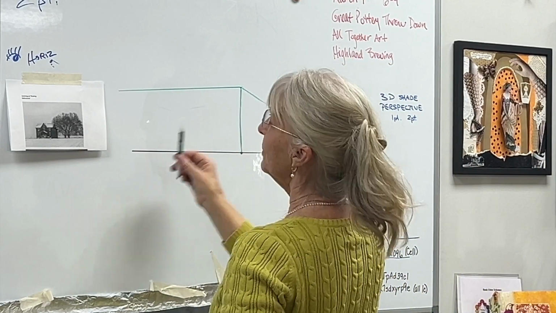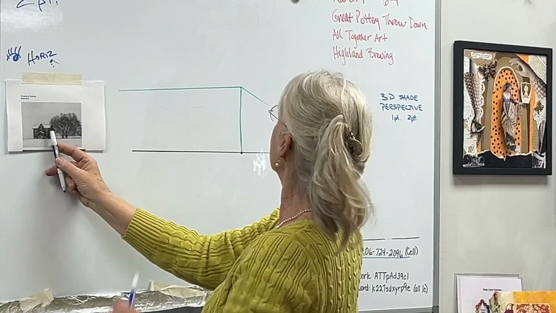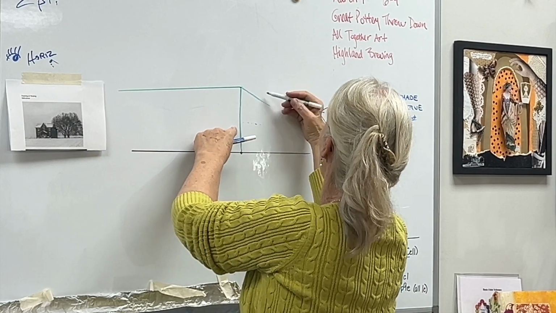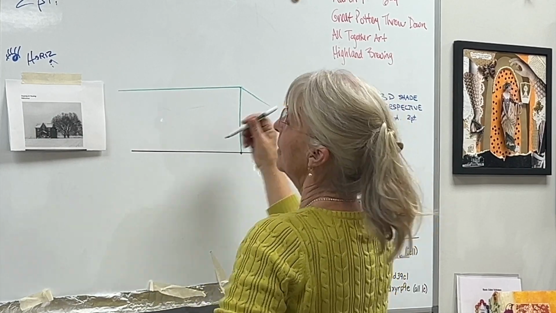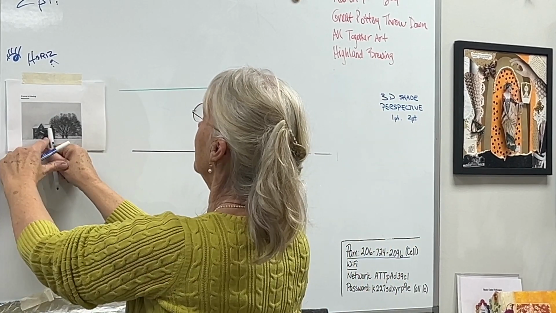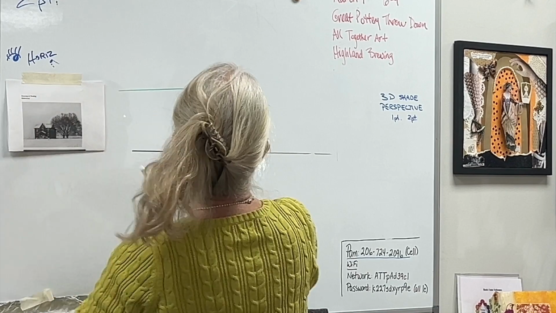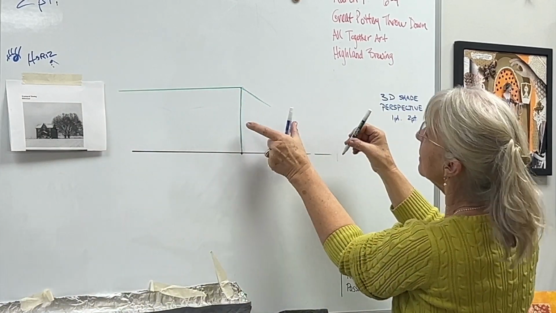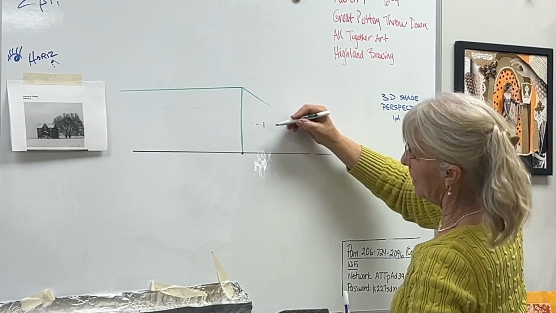Now, this being our unit of measure, I'm going to say the distance from here to this back edge, there's my 1 unit of measure. It's about halfway. Should be right about here.